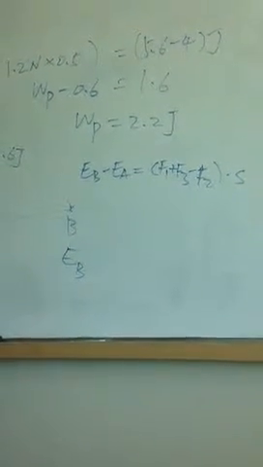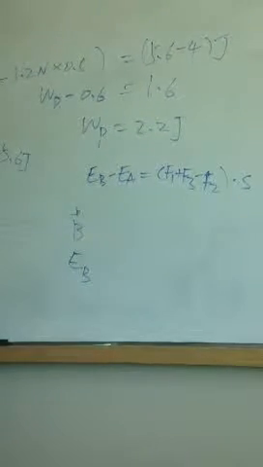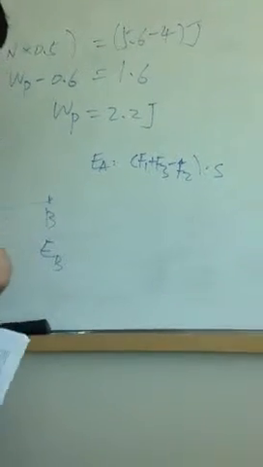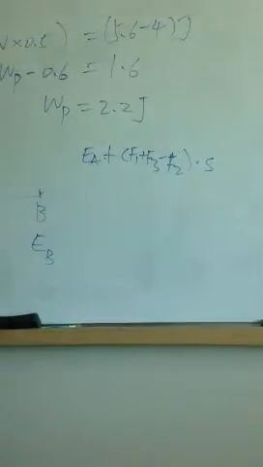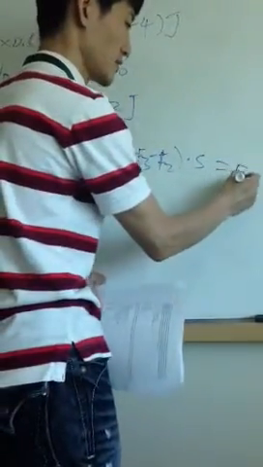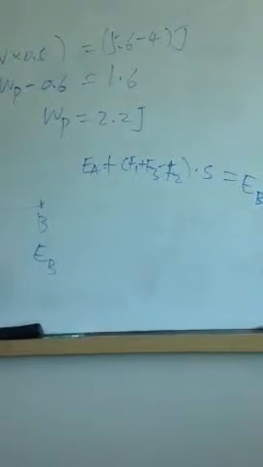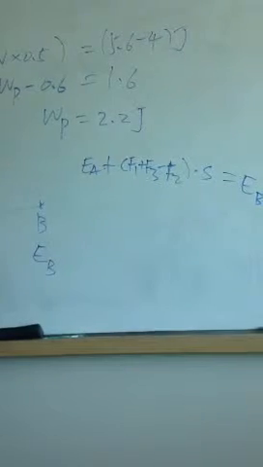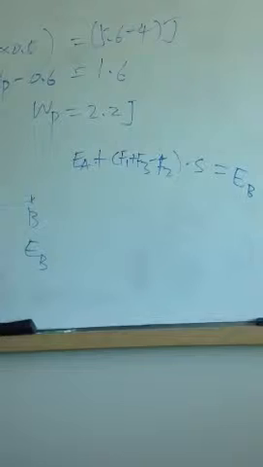Or you can put the energy at the beginning, plus the work you did on this object, should be equal to the energy at the end, right? And that's how you work on this problem.